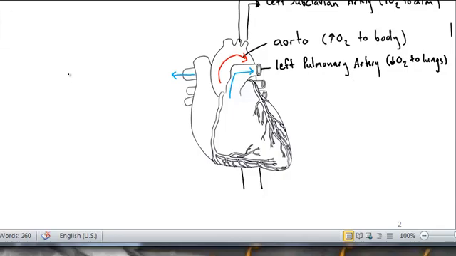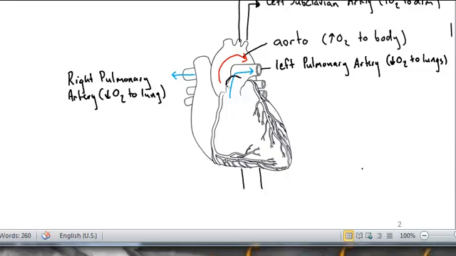On the other side, you have the right pulmonary artery, which is low O2 blood to lungs as well. But remember, you have a right and a left lung.